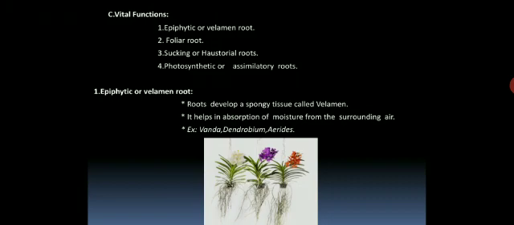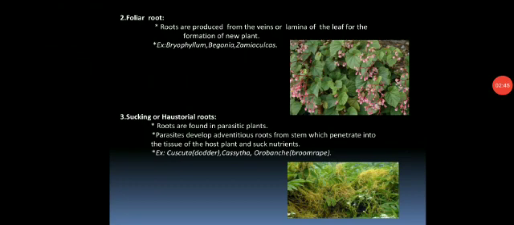The foliar root: foliar refers to foliage. Foliage is nothing but a leaf. The leaf that has the capacity to produce roots is called a foliar root. The roots are produced from the veins or the lamina.